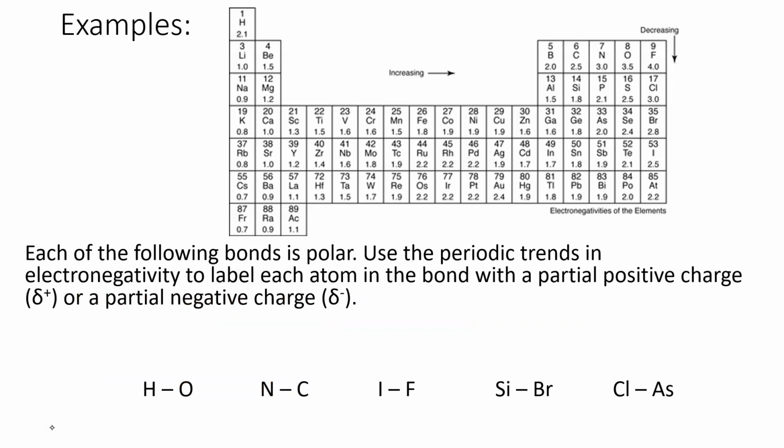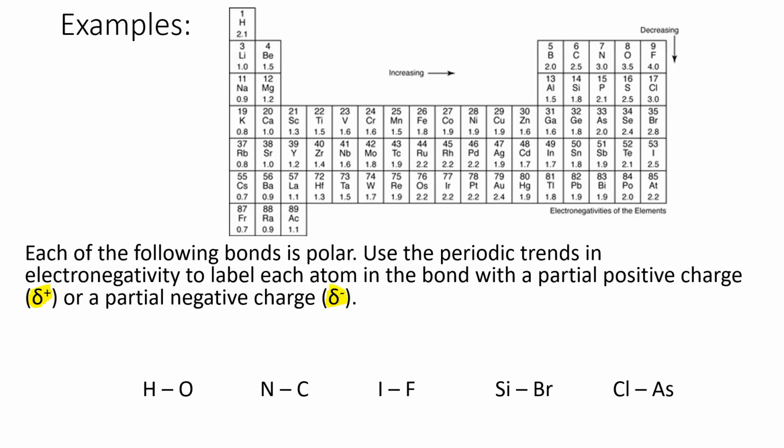All right, so another way that we can look at this is by labeling these with a partial positive or partial negative charge. Each of the following bonds is polar. We want to use the periodic trends in electronegativity to label each atom in the bond with a partial positive charge, shown by this delta plus, or a partial negative charge shown by lowercase delta minus.